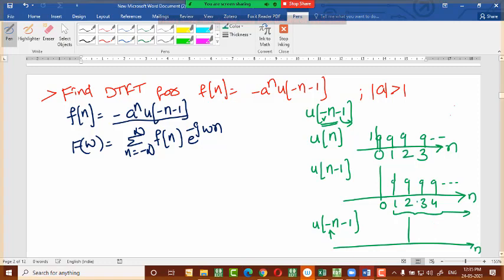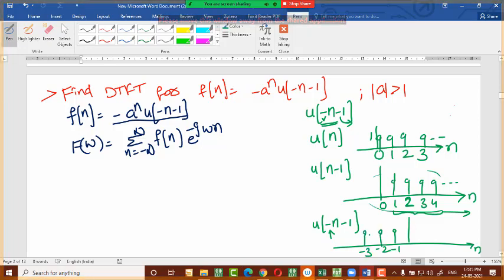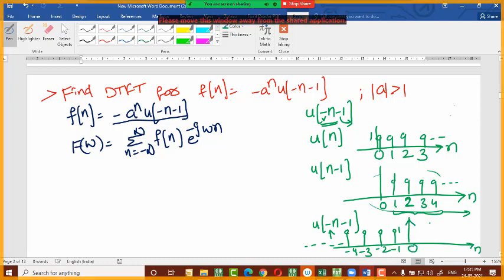So the sample at n is equal to 1 will be at n is equal to minus 1, the sample at n is equal to 2 will be at n is equal to minus 2. We are rotating the signal with respect to the y-axis. The mirror image will be at minus 3, minus 4, like this up to minus infinity, and the amplitude is 1. Amplitude will not be affected because we are doing time operations.